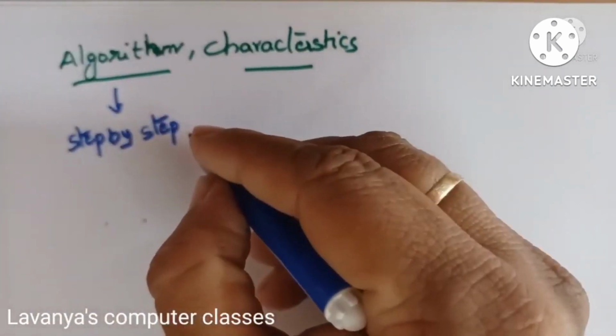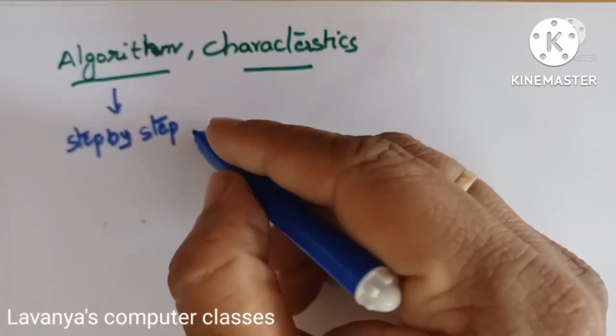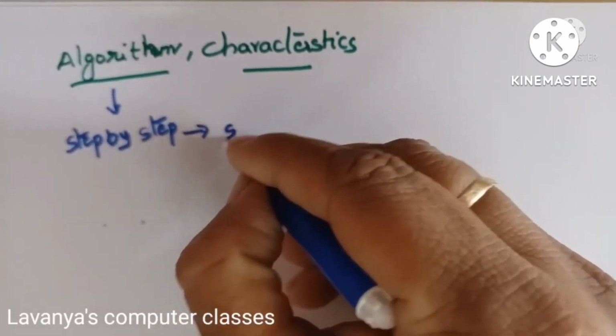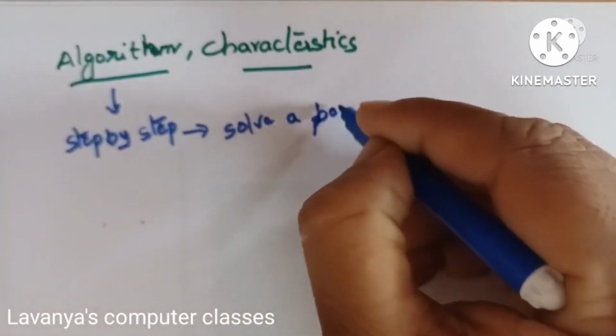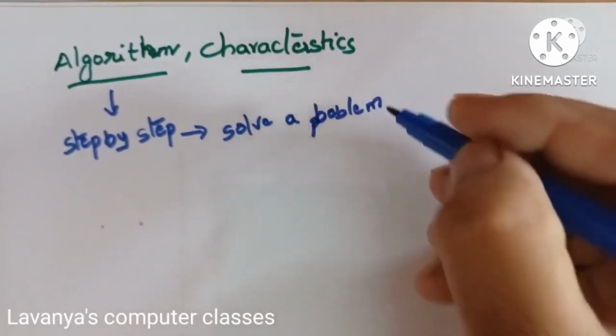What is an algorithm? It is a step-by-step procedure to solve a problem, because we are using a computer for solving a problem. For solving any problem, we need some steps.